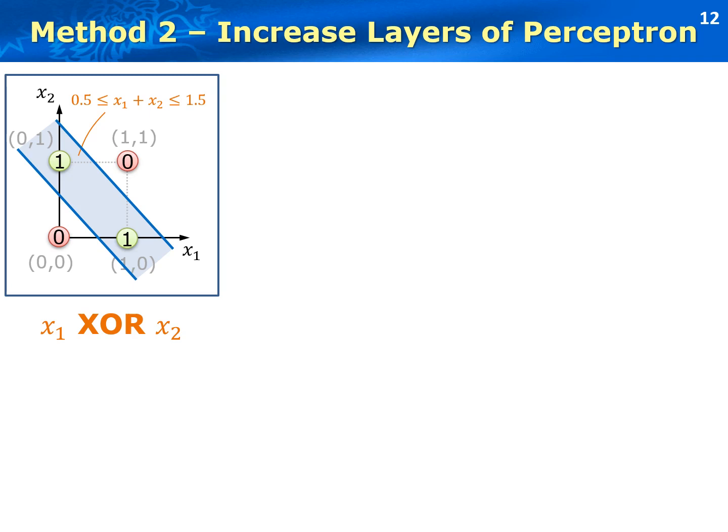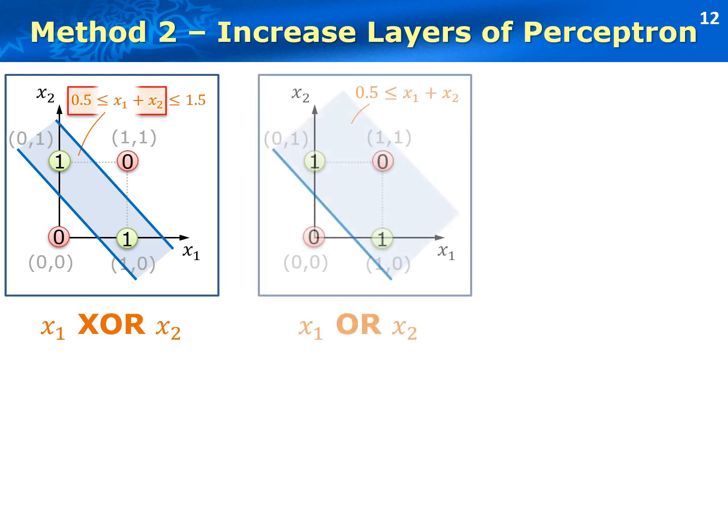In this XOR example, we can observe the blue region is a band between two lines, which is the intersection of two half spaces. The first half space is the region represented by x1 plus x2 greater than or equal to 0.5.